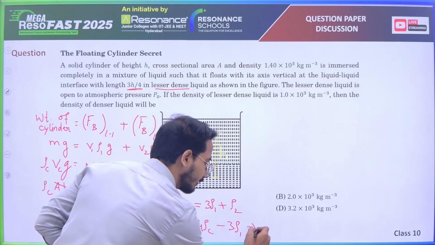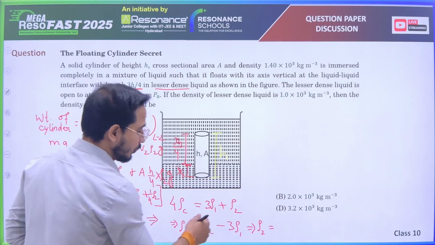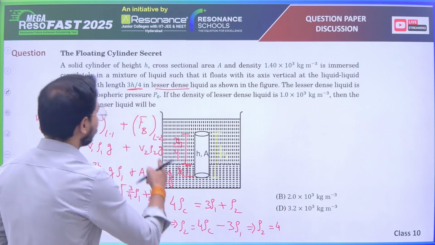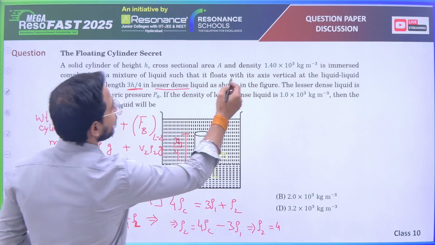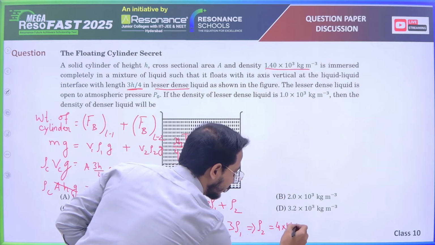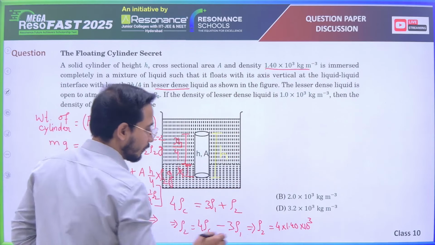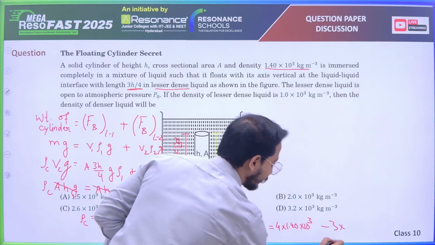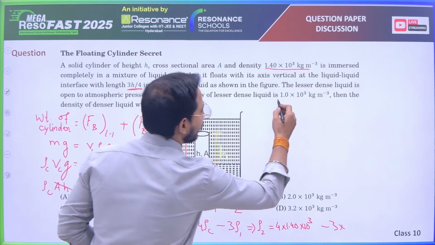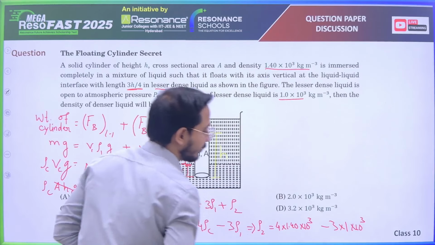Now we will substitute the values which are given in the question itself. So here we can see density rho 2, density of more dense liquid, will be equal to 4 into density of cylinder. Density of cylinder is given 1.40 into 10 to the power 3 kilogram per meter cube, minus 3 into density of less dense liquid, also given 1 into 10 to the power 3, right?